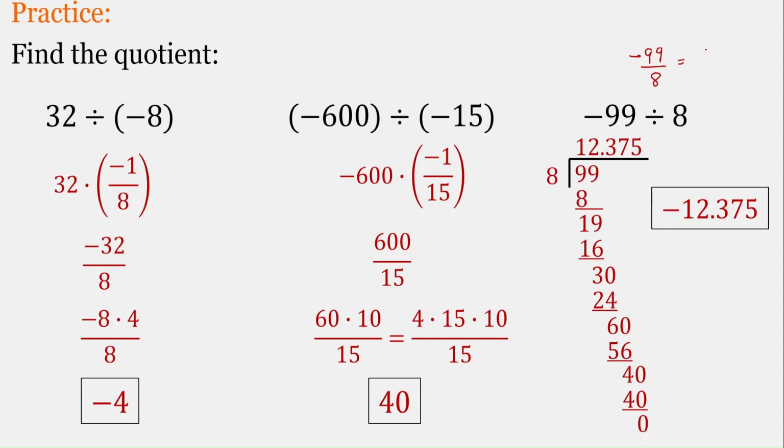That's going to be 3 times 3 times 11, one of those being negative. And this is 2 times 2 times 2. So this will not simplify down any further. So the answer is negative 99 over 8. I went ahead and did long division to get it into decimal form. But these 2 answers are equivalent, depending on whether you want or need the answer as a fraction or a decimal.